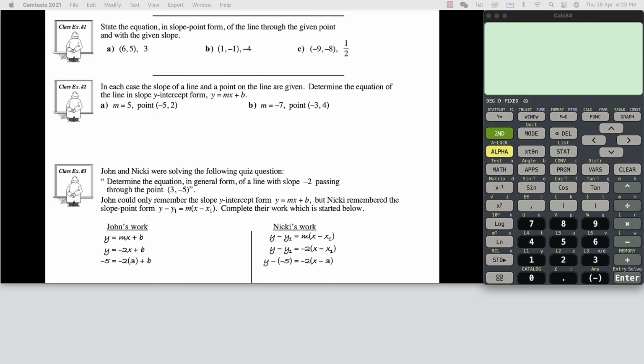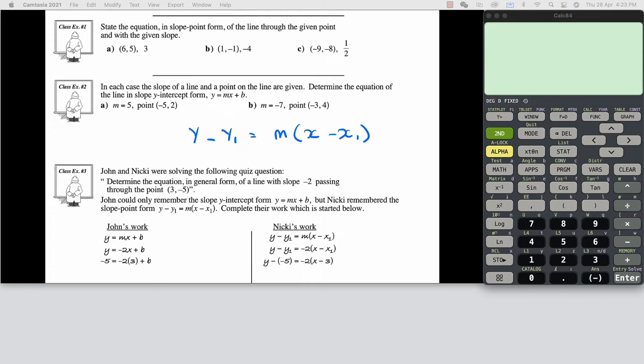We're starting off with state the equation in slope point form. The slope point form is going to be in that form that we just saw. So we need to understand what all these different variables represent. This is the equation: y minus y1 equals m times x minus x1.